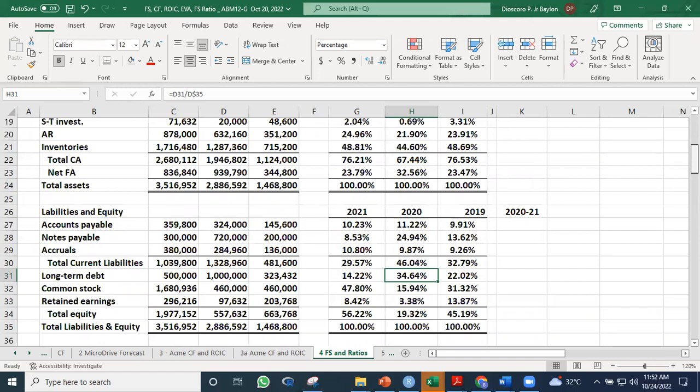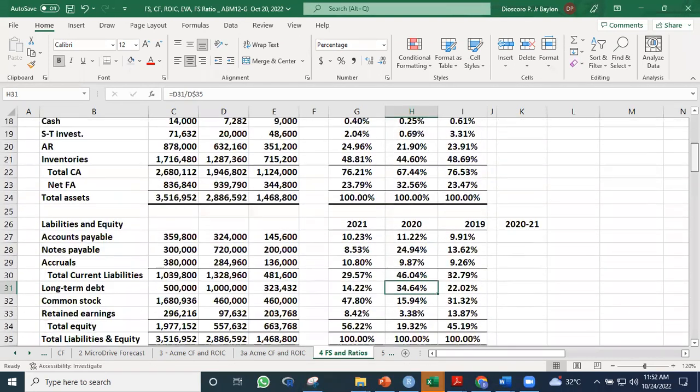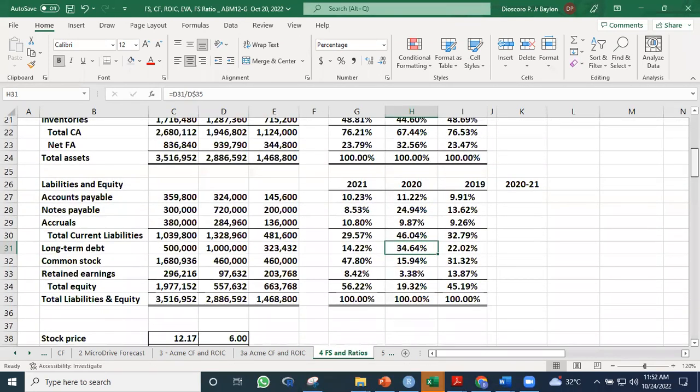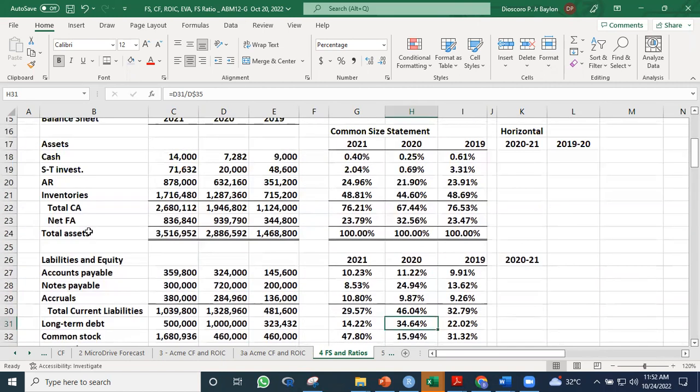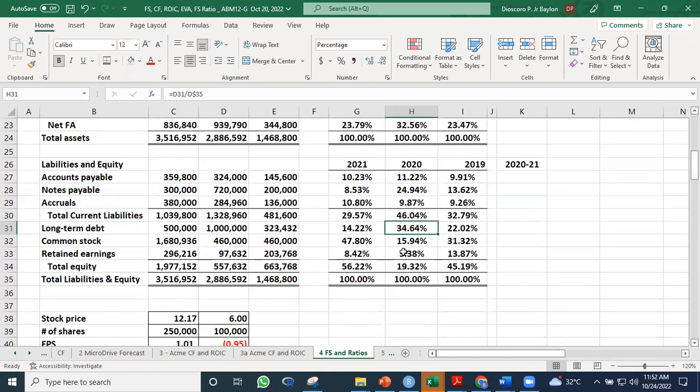Baka itong company na to nasa isang industry na heavy yung paggamit ng debt because of the use of equipment that are expensive. So siguro allergic yung company sa paggamit ng debt. So that can be a cause also for concern in the company.